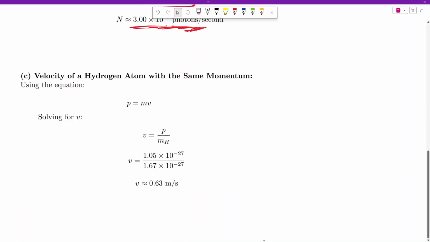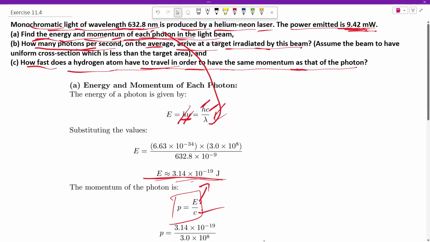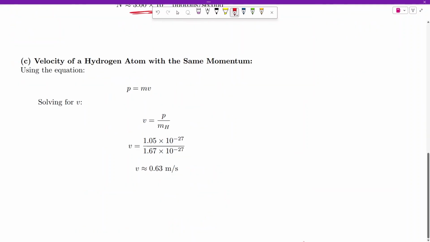Now the third question was, how fast does the hydrogen atom have to travel in order to have the same momentum as that of the photon? We know the value of the momentum of the photon. Now we have to calculate the velocity of the hydrogen atom for having the same momentum. Momentum is given by mass times velocity.